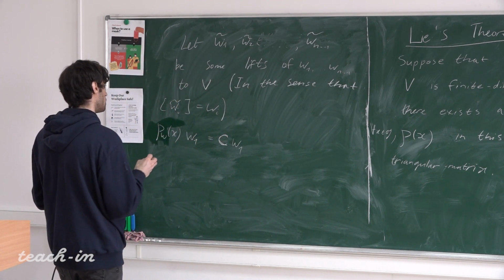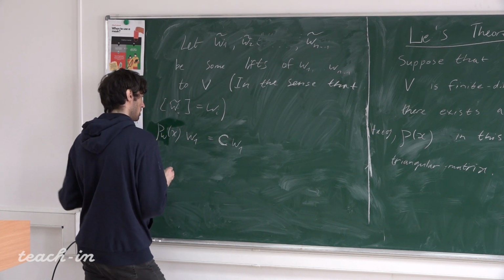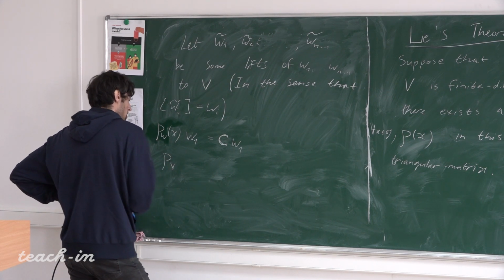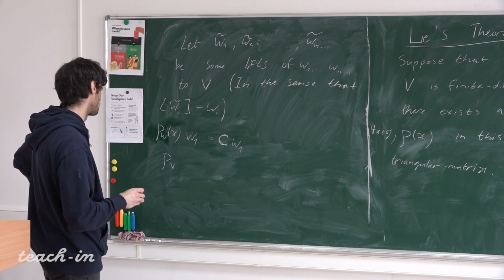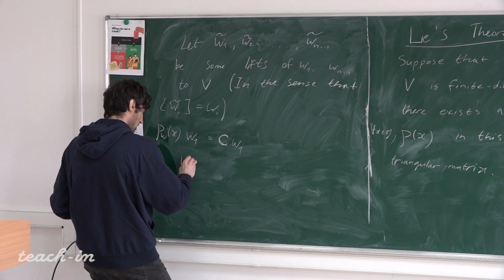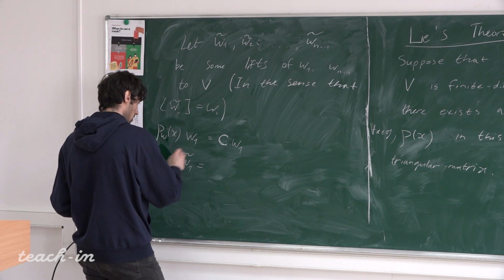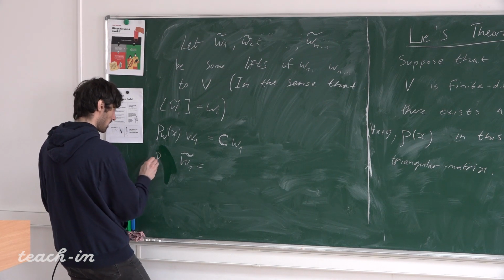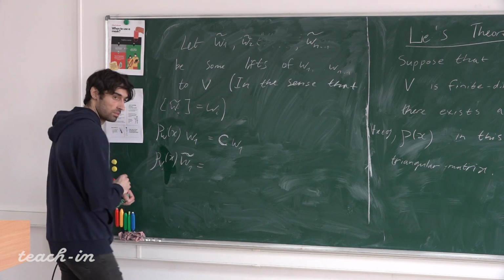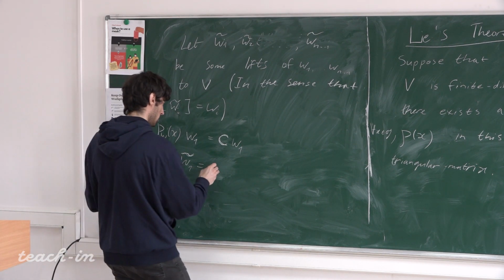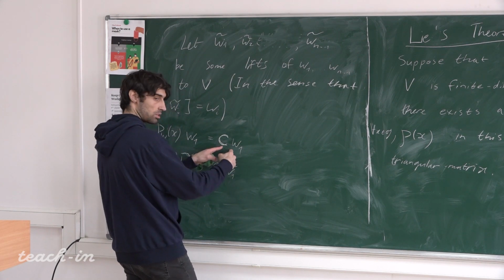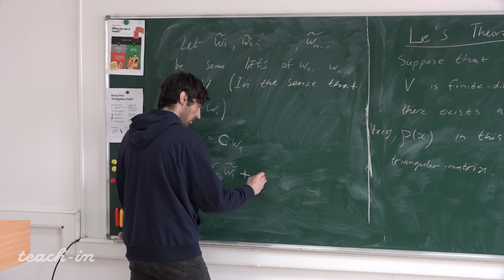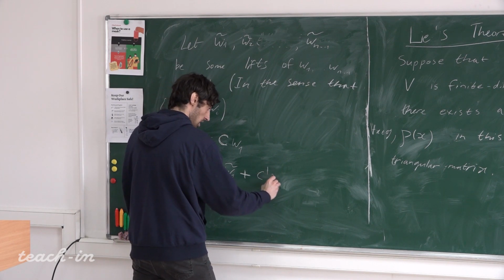So if I apply rho V to W1 tilde, it will be C times W1 tilde because of this, plus some C prime times V, right?